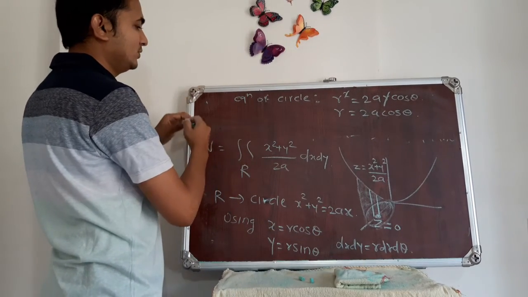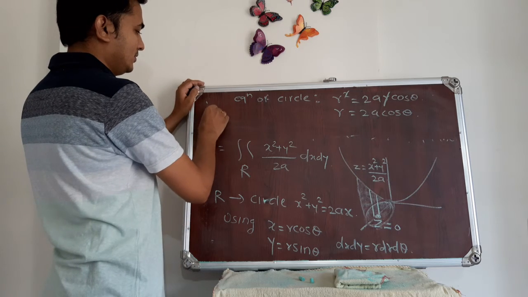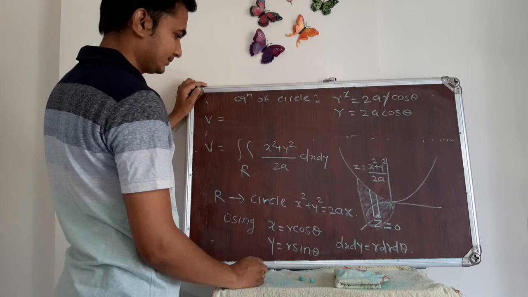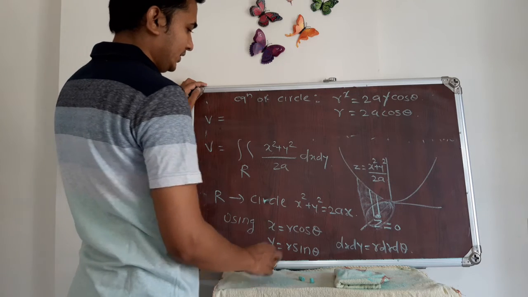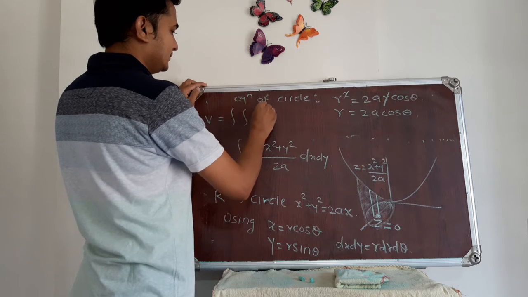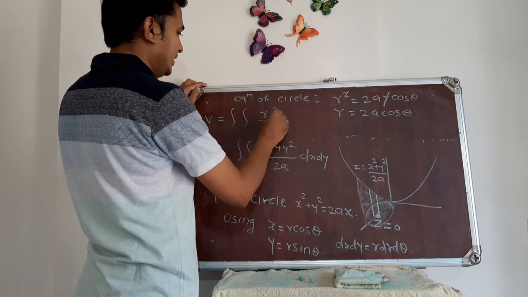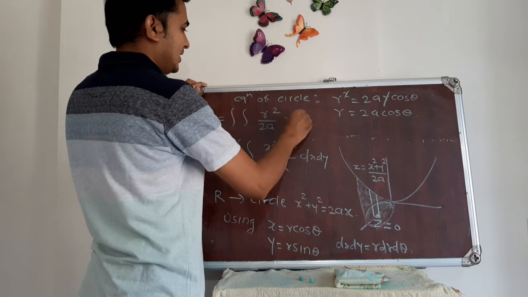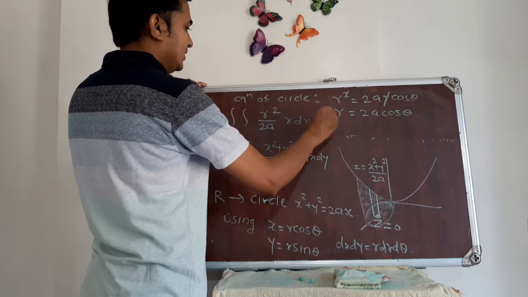So V is equal to the integral of x² + y², which becomes r², upon 2a, dx dy is r dr dθ.